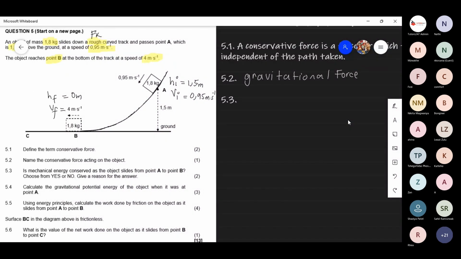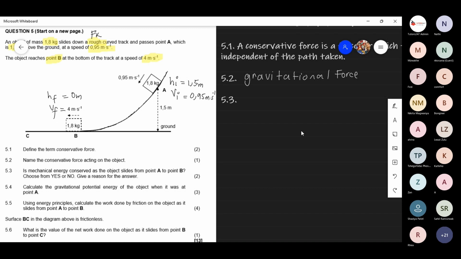So in line 1, they've made reference to a rough curved track. The usage of the word rough indicates friction. Because they've indicated friction, we know that this system is not isolated, so we cannot use our conservation of mechanical energy formula, right?